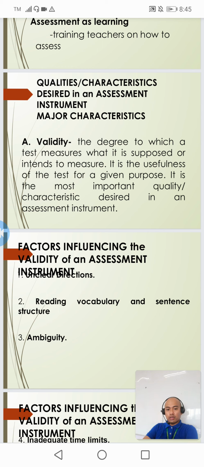Alright, so yun yung kailangan nating malaman about how to check the construct of the test instrument, the relation of the items to the construct of the test instrument.